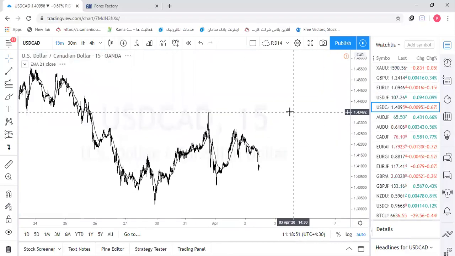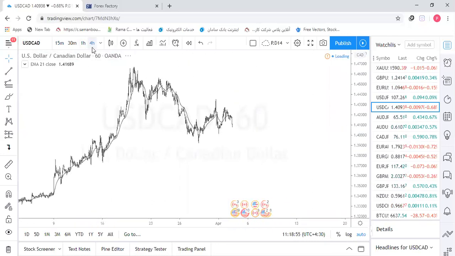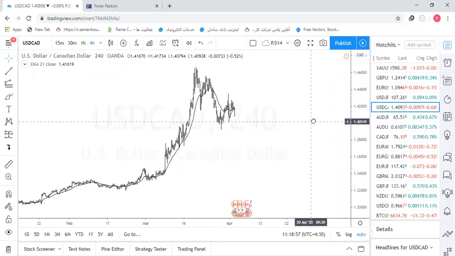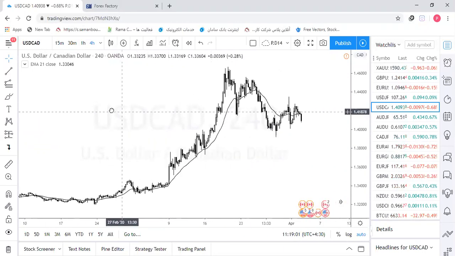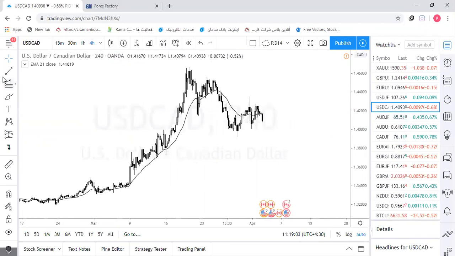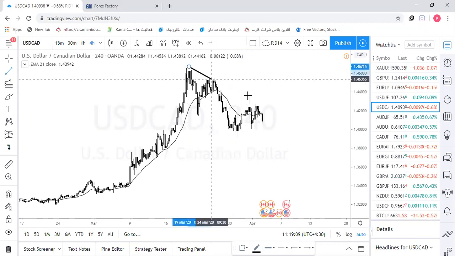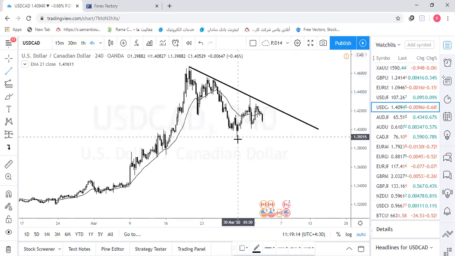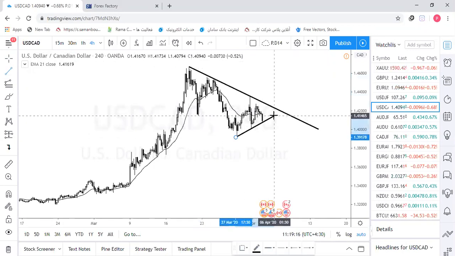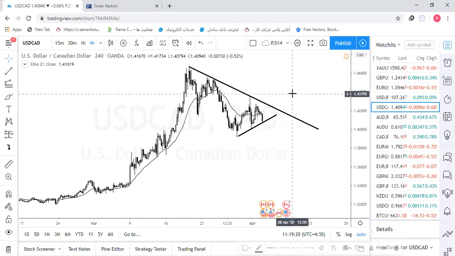In USDCAD, I see, look, price is making lower lows and lower highs. And if I consider this one as a momentum, actually in a corrective movement, I can say again price is making a corrective movement in the corrective movement.